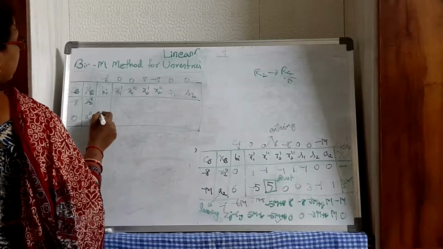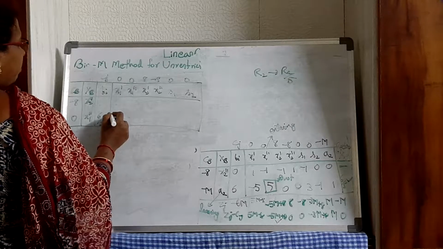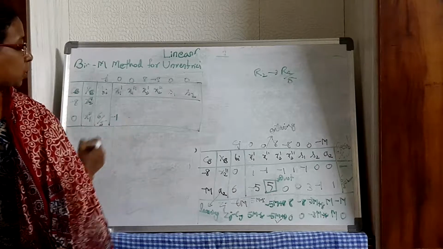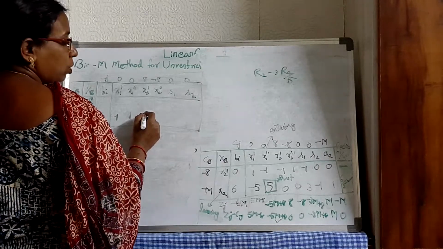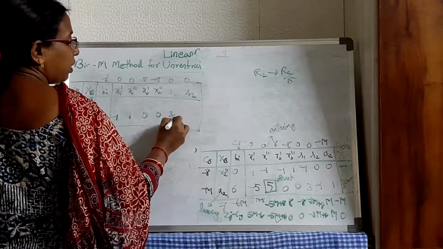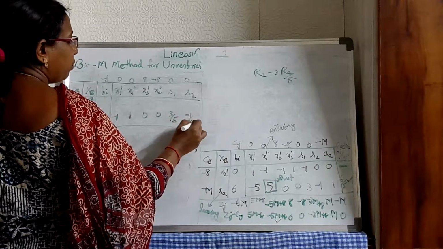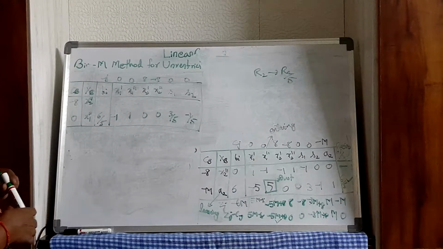So here I'll get 6 by 5. Then minus 5 by 5 means minus 1. 5 by 5 is 1. Here 0 by 5 is 0, 0 by 5 is 0. This is 3 by 5 and this is minus 1 by 5. And now I got R2.